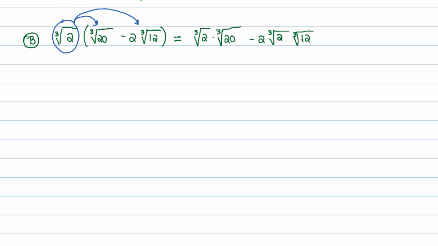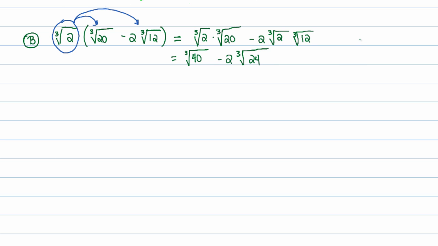Notice that on the second term, I reordered the multiplication to have the coefficient, that 2, out front. That's a good habit to get into. Alright, let's see what happens here. We get the cube root of 2 times 20, or in other words, the cube root of 40, minus 2 times the cube root of 2 times 12, or 24.